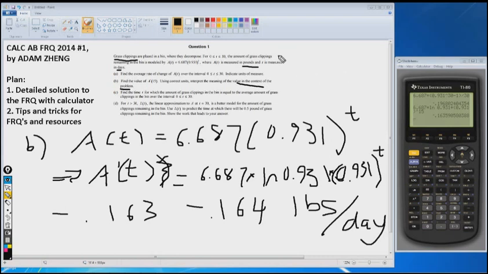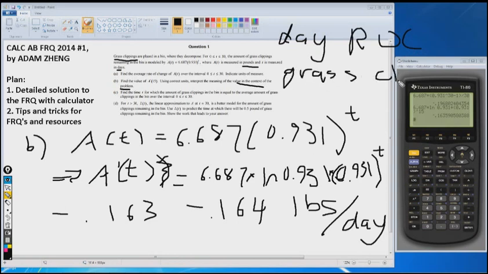So basically, the way we can interpret this is that at day 15, the rate of change of grass clippings equals minus 0.163 pounds per day. That's all we have to do.